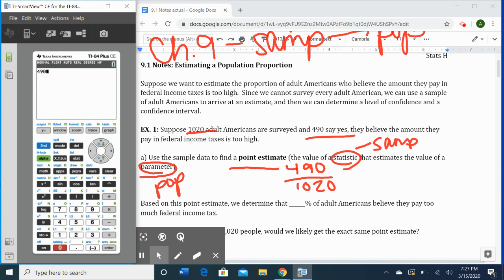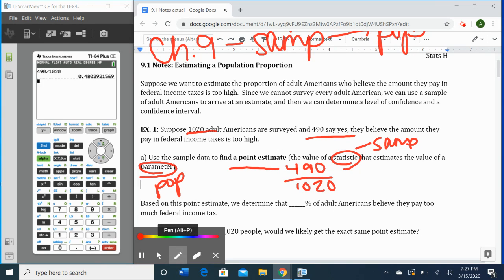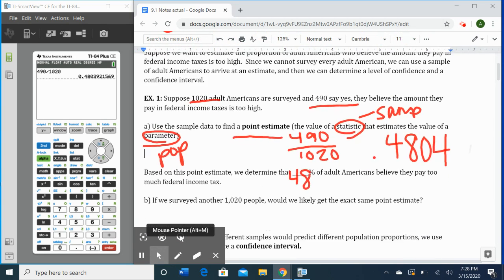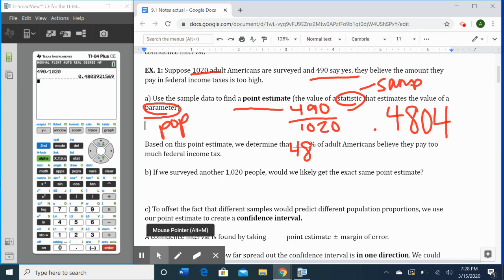I take 490 divided by 1020, and I get 0.4804, that proportion of people say yes. So based on this point estimate, we determine that 48% of adult Americans believe they pay too much in federal income taxes. That's the sample proportion.